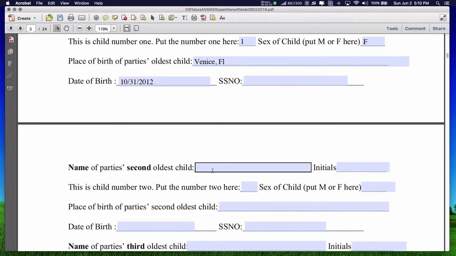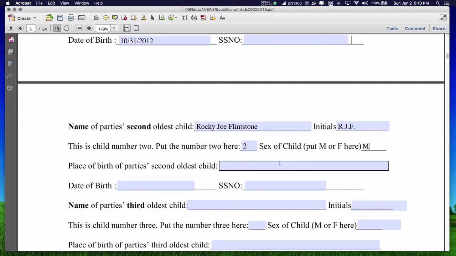Okay. The second oldest child, well, Fred and Wilma didn't have another child, but let's make one up for purposes of this form. Rocky, Joe. All right. Child number two, Rocky's male, place of birth.